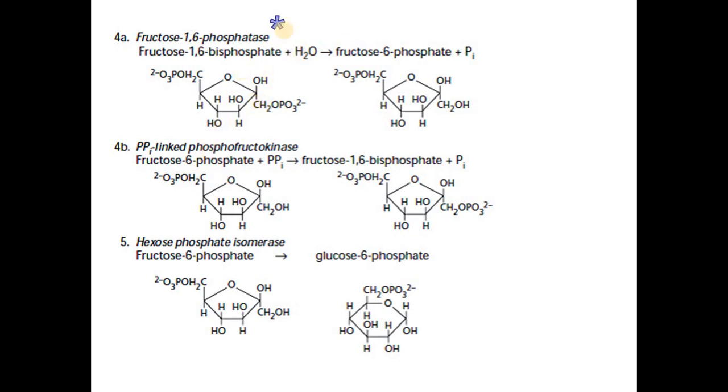So at this point, this is the enzyme fructose 1,6-phosphatase, which will then decide what is the further fate of this fructose, whether it's going to go into starch or sucrose.